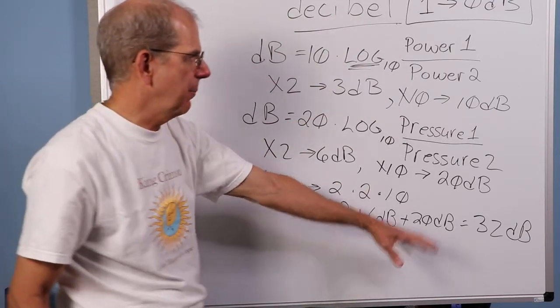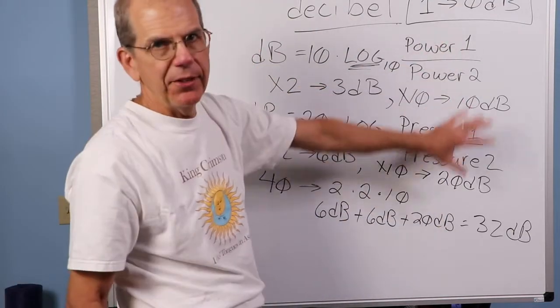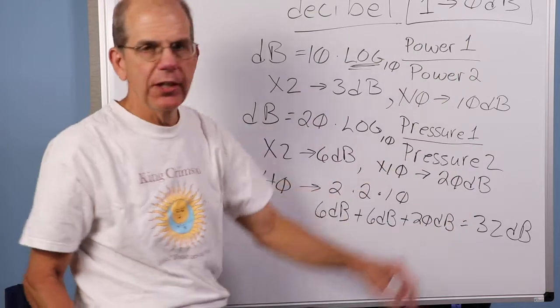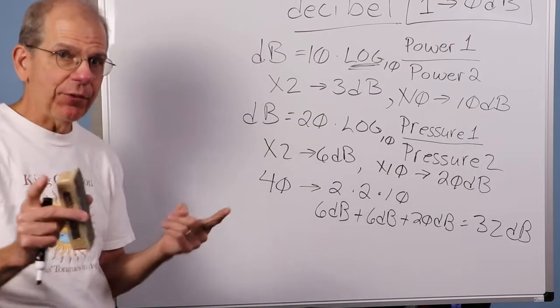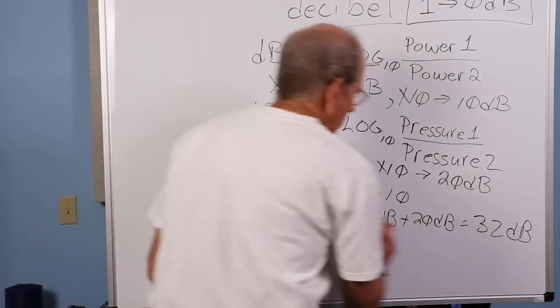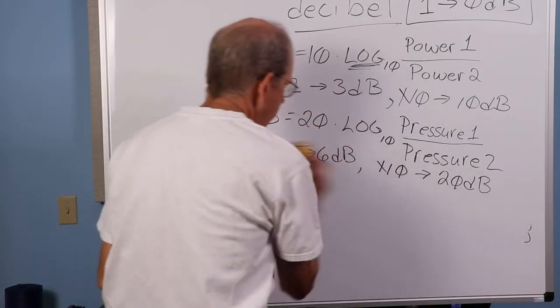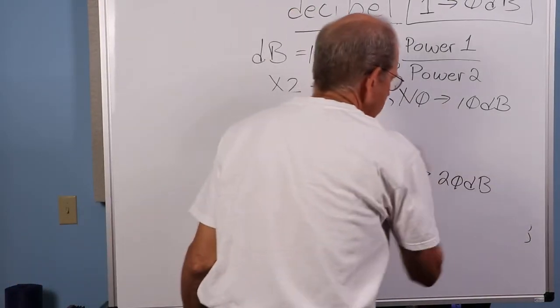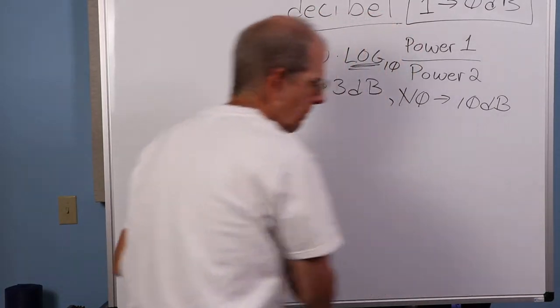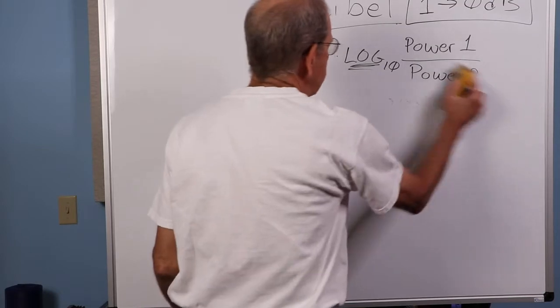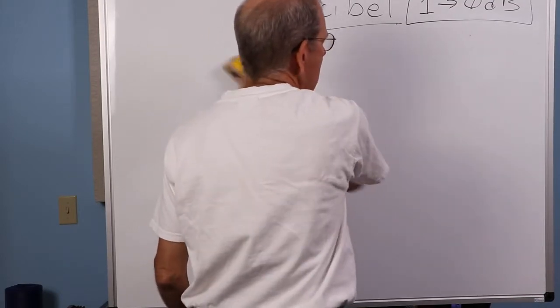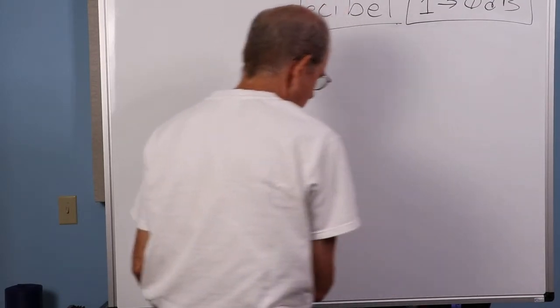Okay? All right. Now, we're just really talking about these two sort of random things, right? 2 powers, 2 pressures. We can come up with standards. We can come up with references. Now, there's a lot of references when we start talking about electrical systems. There are different standards for things like dBW and dBm and dBf and all of these different kinds of things.